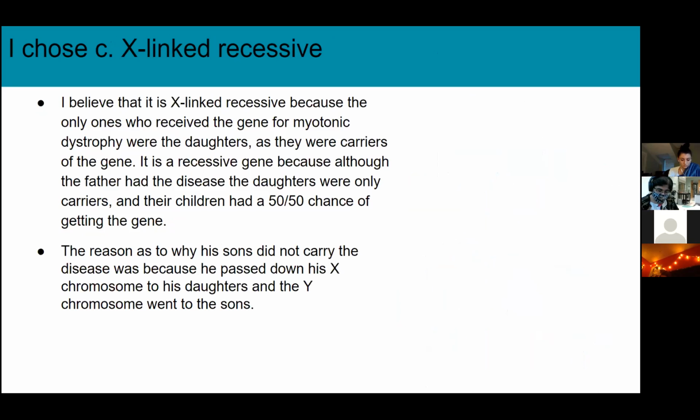With that, I chose C, which is X-linked recessive. I said that because it passed down from the father to the daughters, and they were only carriers. If it was X-linked dominant, they would not be carriers, but they would have the disease themselves. And also the fact that their children had a 50-50 chance of getting the gene.